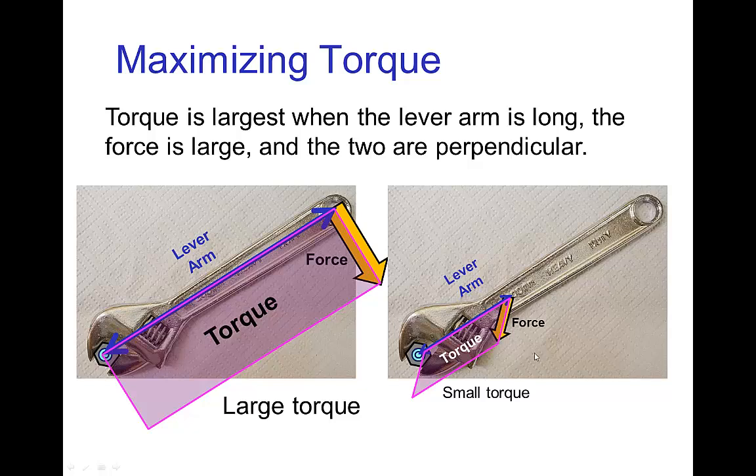A very inefficient way of turning a wrench would be to apply the force near the other end, so the lever arm is short. And also if the force is applied almost in the same direction as the lever arm, then we have this shallow angle, and this resulting trapezoid has a small area, which means it's a small torque.